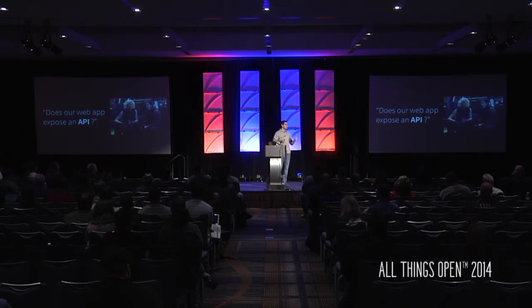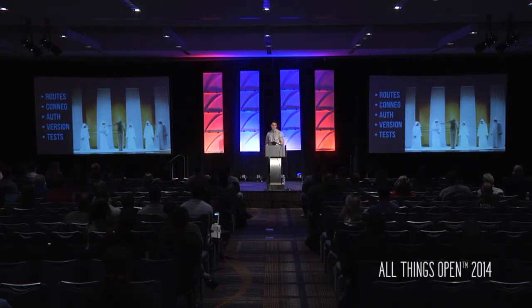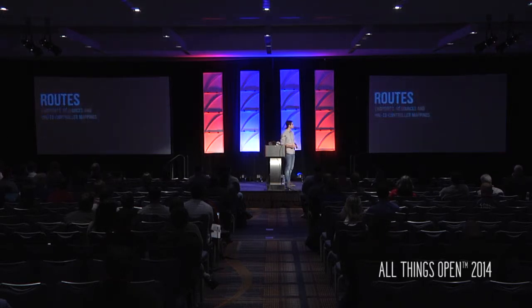But today I want to talk about 5 things that we have to look at and be very careful with, that can help us answer the question and say, yes, our application does have an API, and we can support different types of clients, and we can scale accordingly, and we can quickly adapt to future changes. So this is what we're going to be talking about today. So let's jump right in.